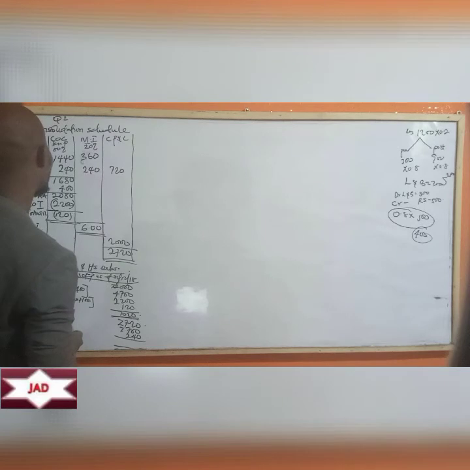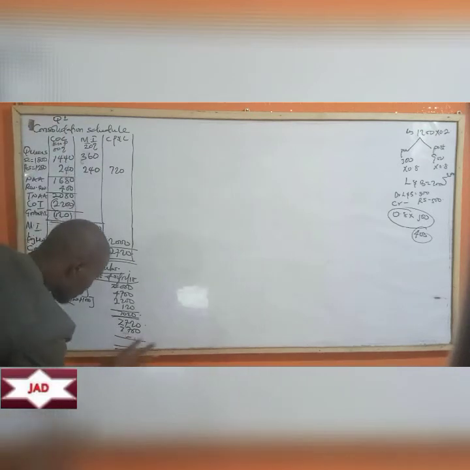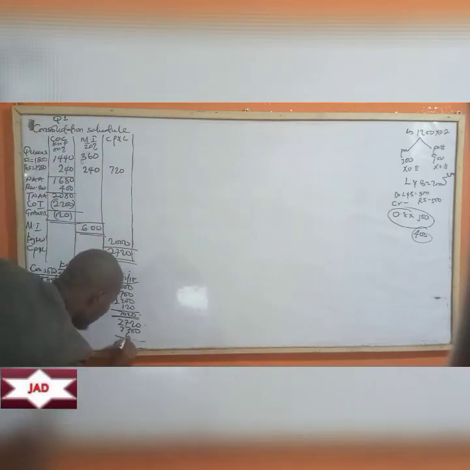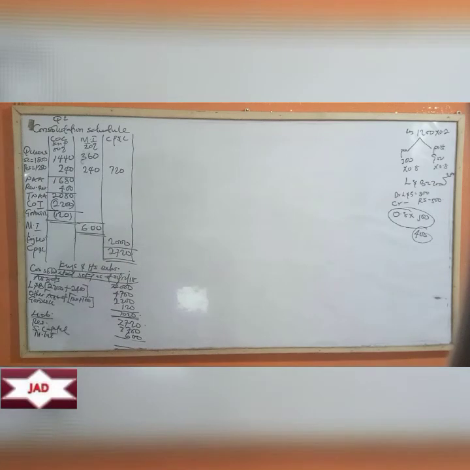That's what? 600. So here is 600, sorry. So we have 2,720 plus 3,700 plus 600, 7,020.